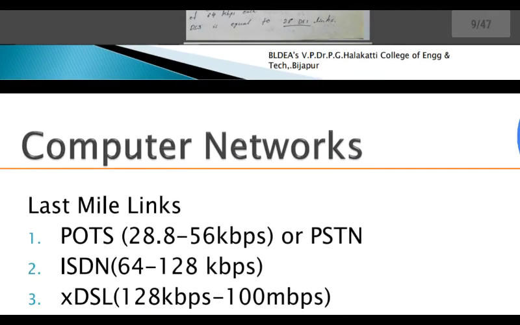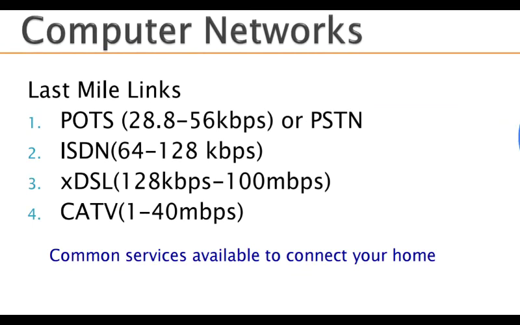The next one is about last mile links. In the last mile links there are different types: POTS, ISDN, DSL and CATV. For POTS, what is the available bandwidth? 28.8 up to 56 kbps.